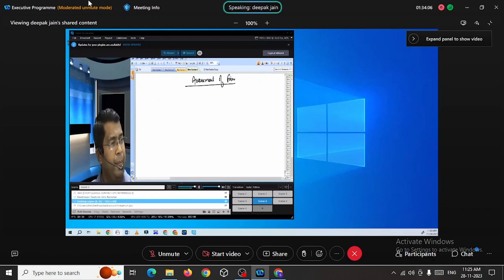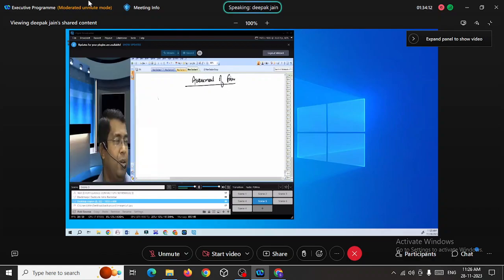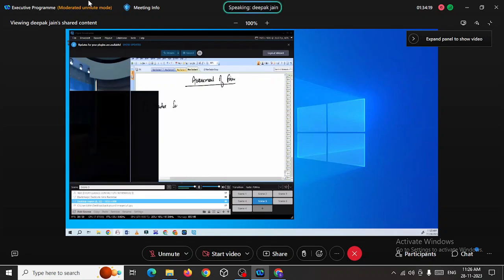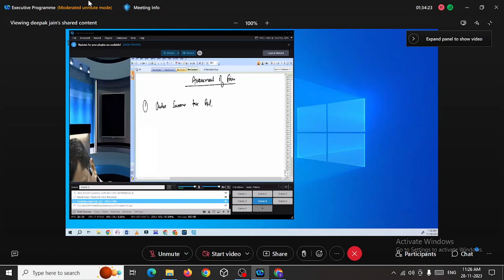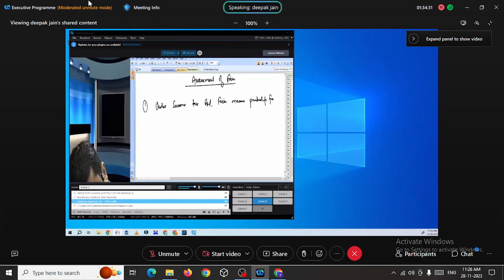So where is the sole proprietor, beta? It would be covered under the meaning of individual. So point number one, under Income Tax Act, firm means partnership firm only.